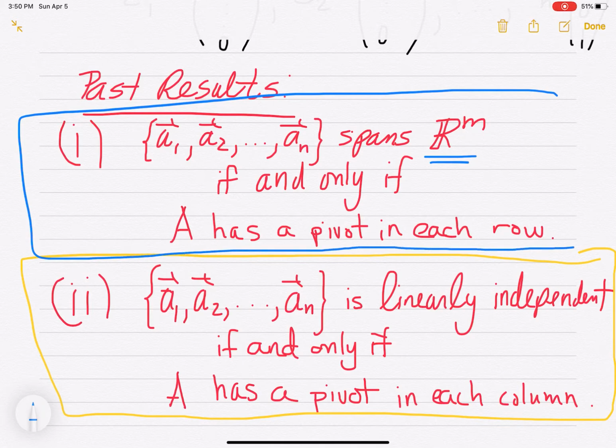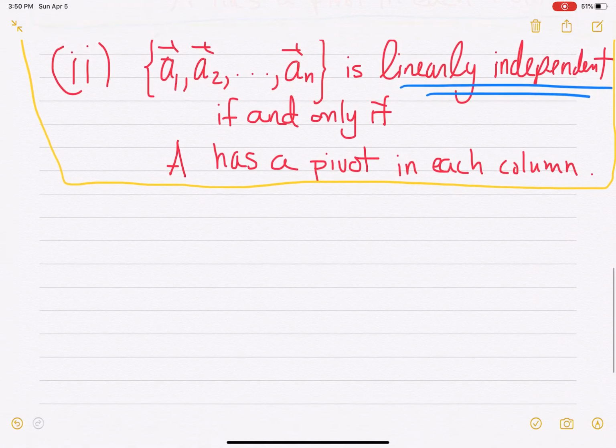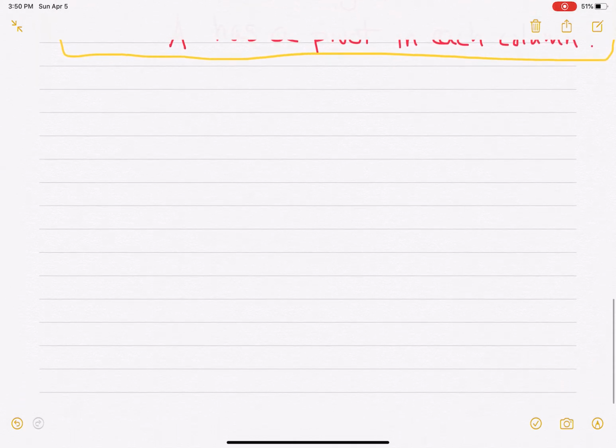If you're trying to span some other subspace besides Rm, you can't use this criteria. So the blue one is a little more limited because it only is available for spanning the subspace Rm. But linear independence, doesn't matter what subspace we're in, it's always going to be usable. So, two useful facts that we did way back in the past. They're coming back again to haunt us.